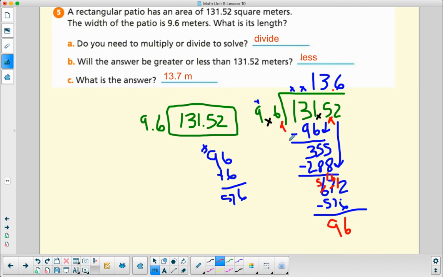I underestimated. I can get one more. Wait, if I can get exactly one more, though, the nice thing is all I have to do is adjust that part of my quotient up one more. 13 and 7/10, and that's what they got. Cool.